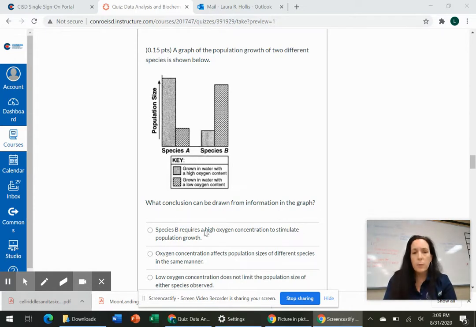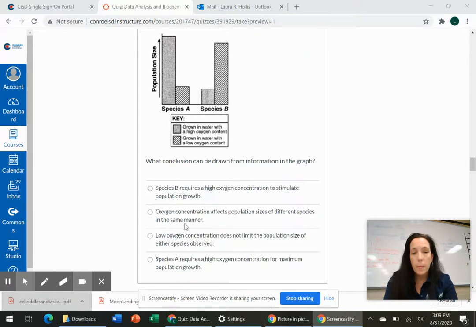So is species B requires a high oxygen concentration to stimulate population growth? No, because species B needs the low oxygen concentration, so that can't be the answer. Oxygen concentration affects population sizes of different species in the same manner. It doesn't look like it because they have to have different oxygen concentrations.